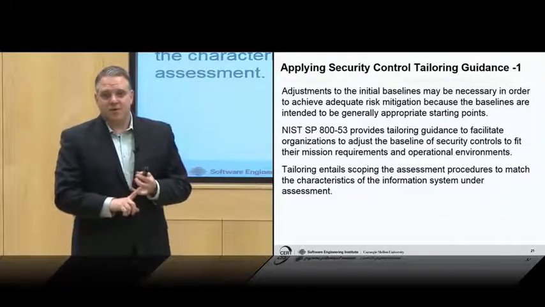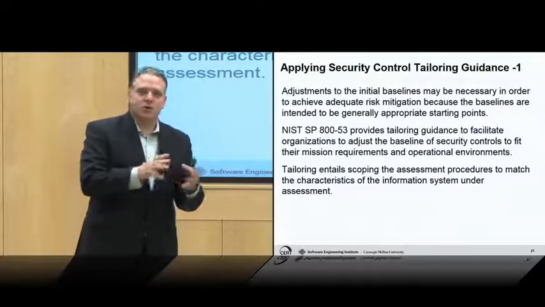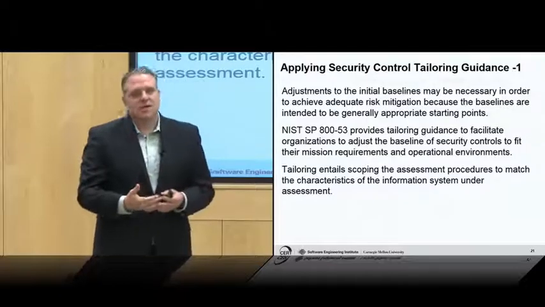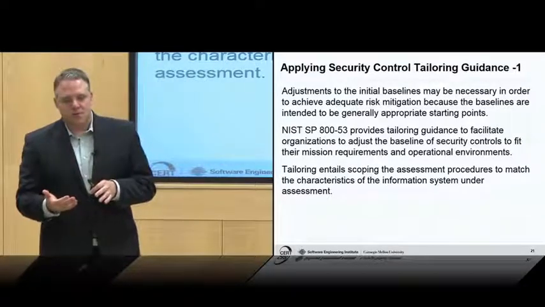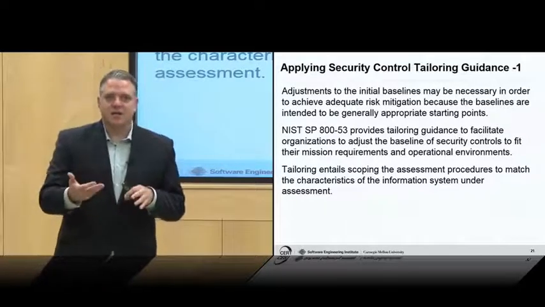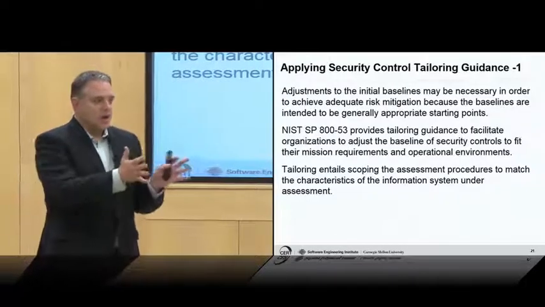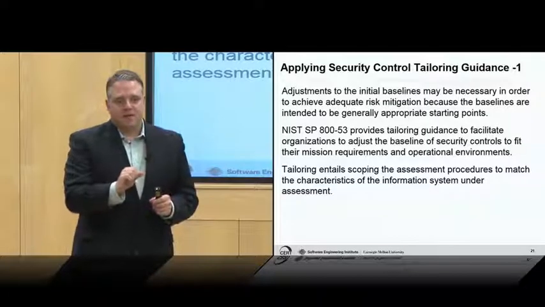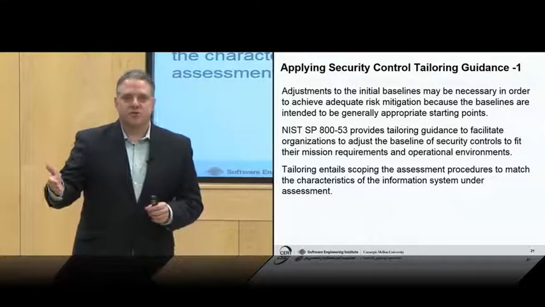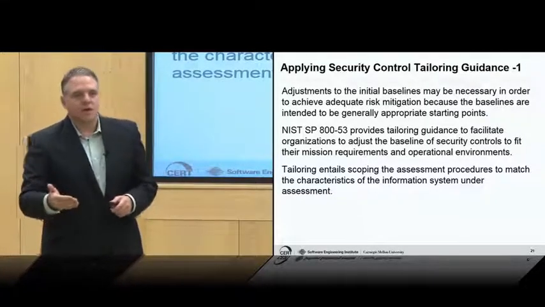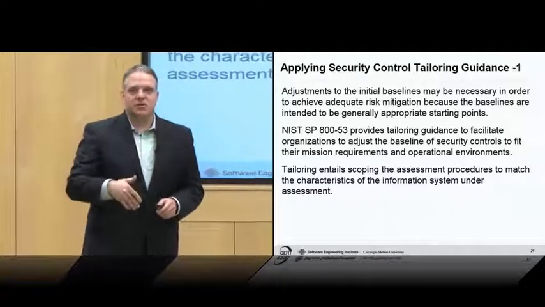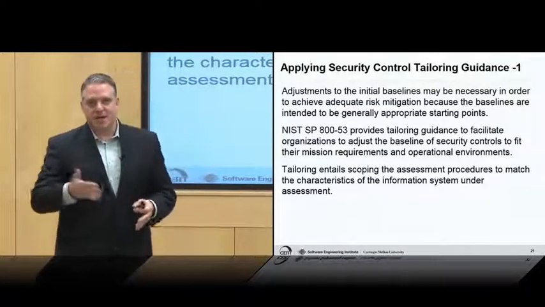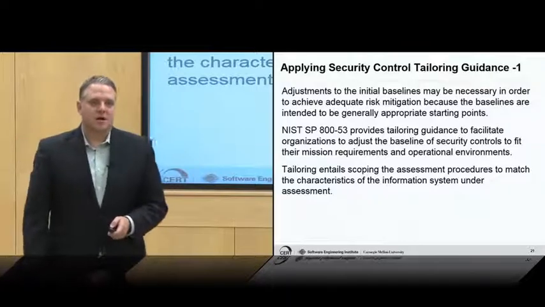You can make it weaker if you can't afford the resources to implement all of it. The nice thing about 853 is it provides you this tailoring guidance, so how you implement the controls is totally up to you. The level of depth you go to on each of the controls is totally up to you as well. But the guidance is here to tell you how to tailor these controls to make them fit your particular situation.